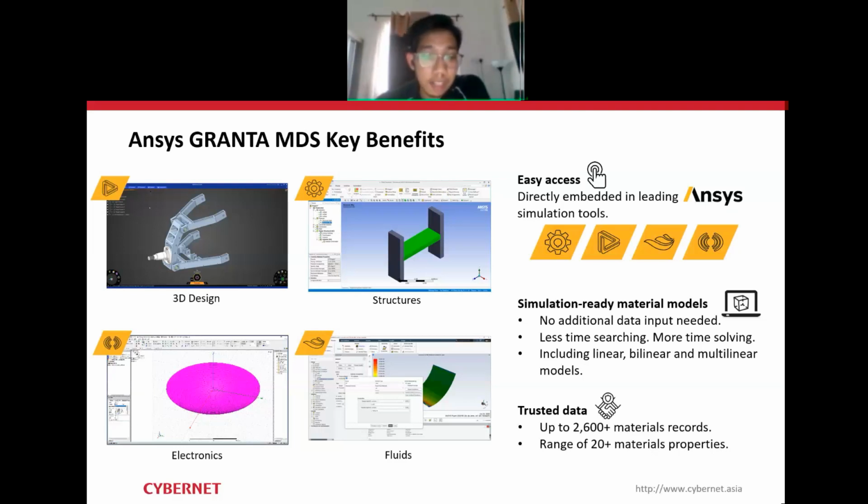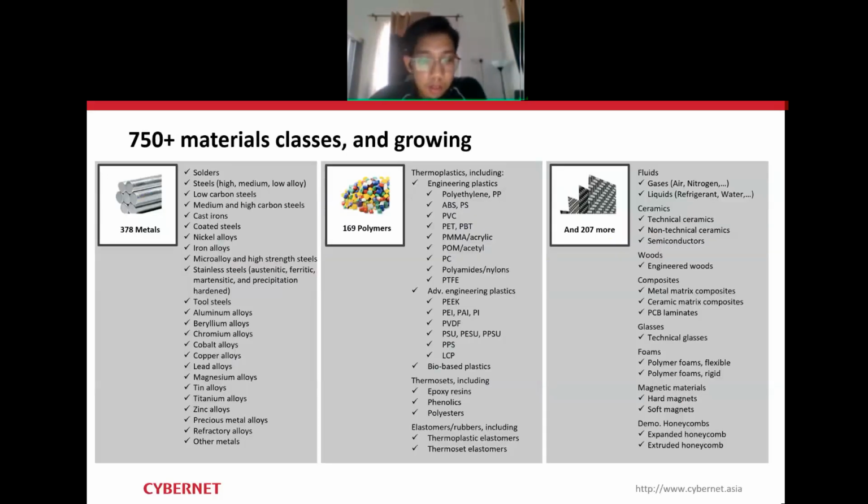And finally, there is trusted data. MDS leverages Ansys Granta's market-leading materials to bring a trusted data set of over 2,600 materials with 20-plus material properties. With 750-plus material classes and growing, MDS offers broad coverage of material classes.